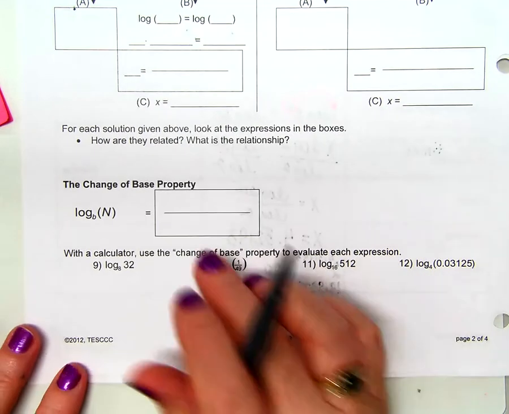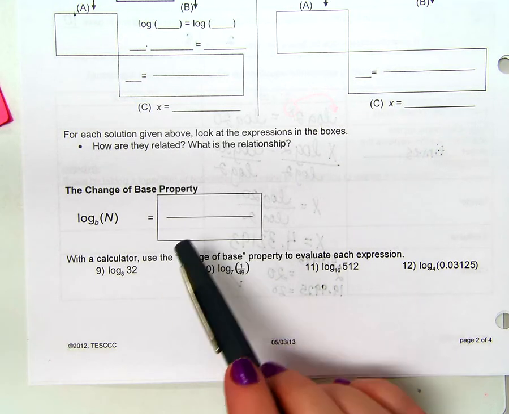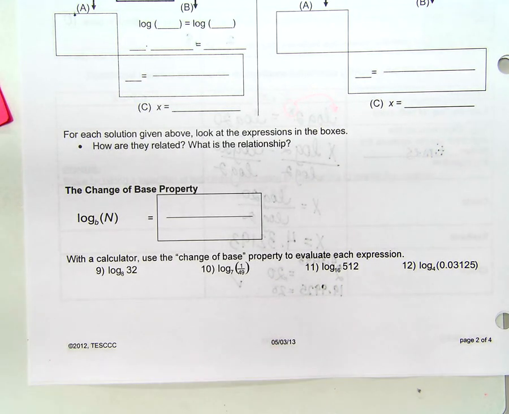Okay. Depending on your calculator, you may need to know the change of base property. If we're using these calculators, you don't. But if you're using an 83 or an 84, an earlier calculator from these, you might have to. I've only not had to worry about the change of base property for the last couple years.